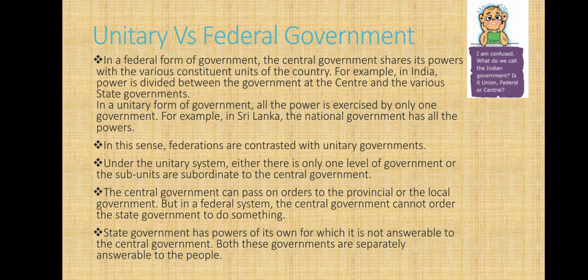The central government can pass orders to the provincial or the local government, but in a federal system, the central government cannot order the state government to do something. It depends. We'll discuss that further.